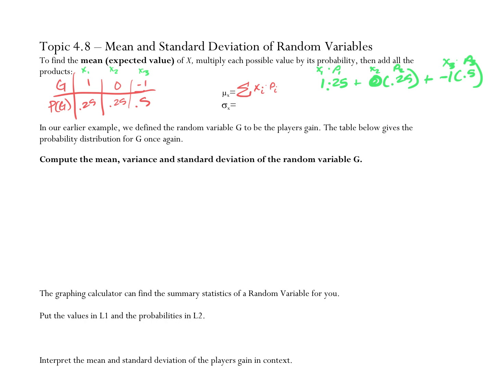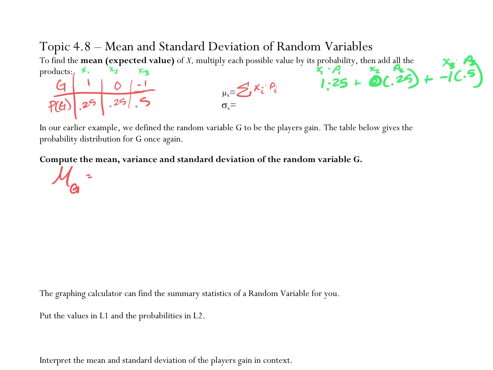Another way of saying this, we would expect you to win 1, 25% of the time, 0, 25% of the time, -1, 50% of the time. We're just taking each outcome times its probability, adding it together. So if I want to find the mean of G, this is fancy notation, okay? But that curly mu we've talked about as a mean.